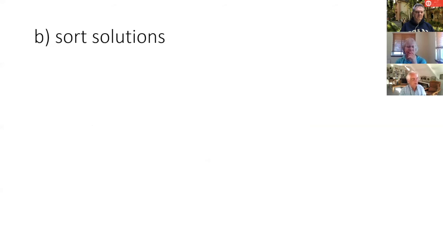Another set of solutions is to think about how we can sort the data. So we've got a vast amount of data. One facility that's been in Wordsmith for many years is this so-called set column, where you can type in a simple character or a number or even a word or phrase into a column of data and then sort on that.